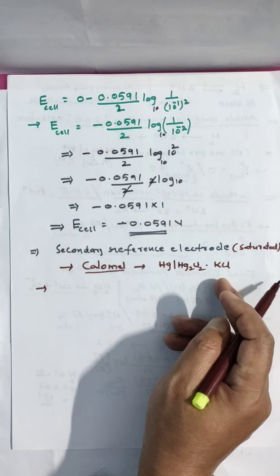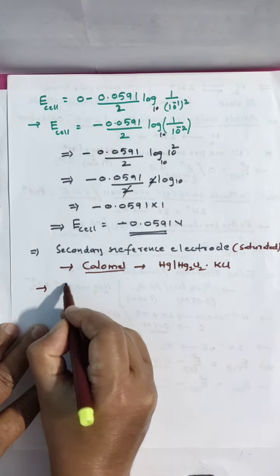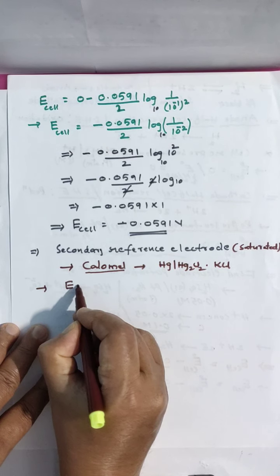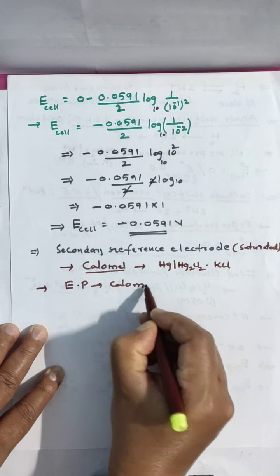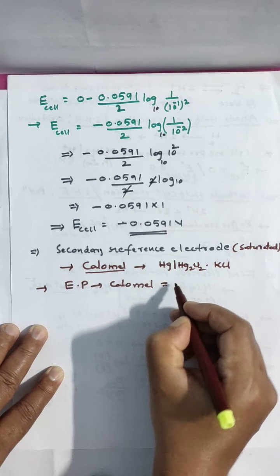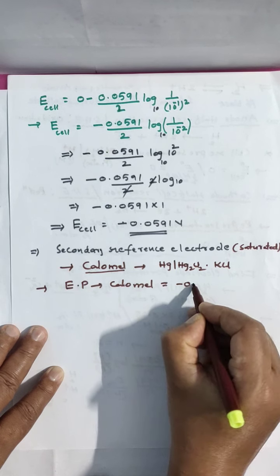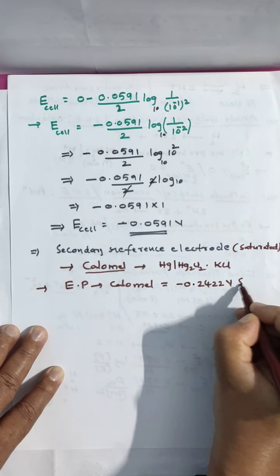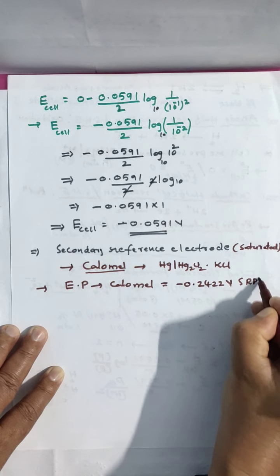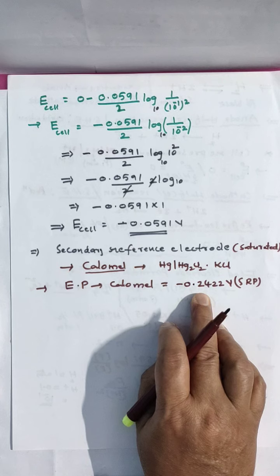And the electrode potential of calomel has been practically proved to be minus 0.2422 volt. This is the standard reduction potential of calomel.